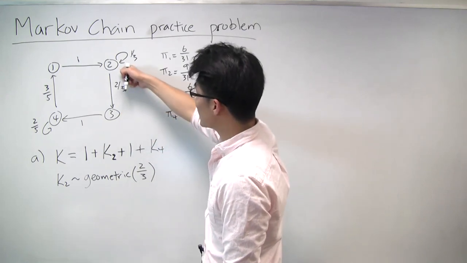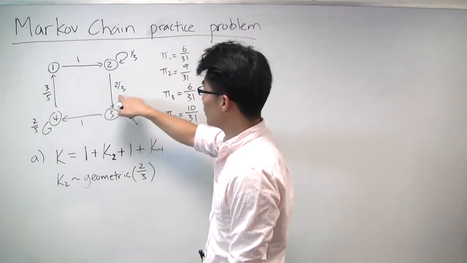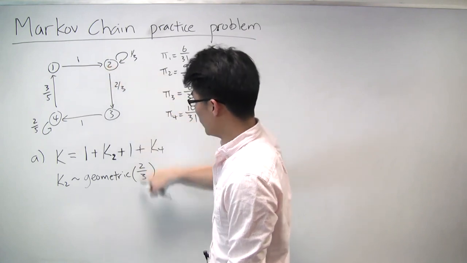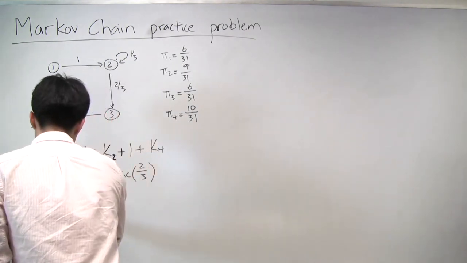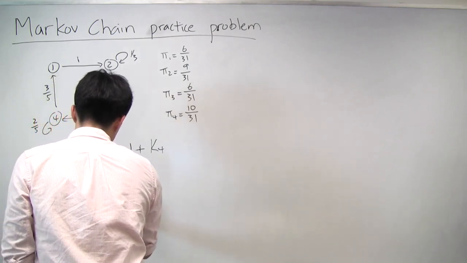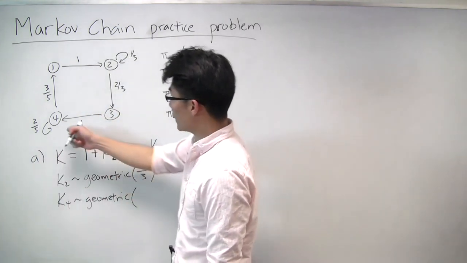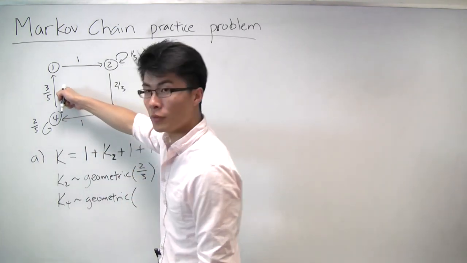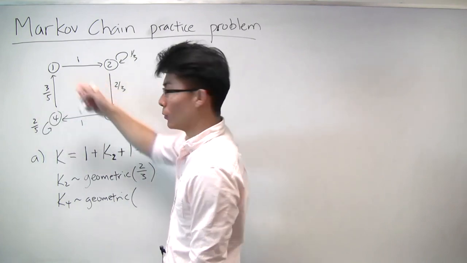The success in this case would be going to state 3. That probability is 2/3. And so that's why it's a geometric with probability 2/3. Similarly, k4 is also geometric, and it has a different probability of success. Its probability of success is 3/5 because that's the probability that you'll transition from state 4 to state 1.